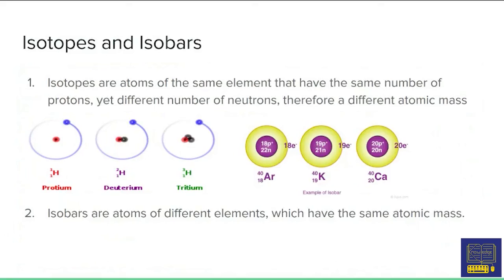This doesn't necessarily mean they have the same number of protons and neutrons. It just means that the total of the protons and neutrons, the total mass, is the same. So you might get a question where you're given three quantities and you need to find the fourth through this definition. And to start off, that is pretty much it.